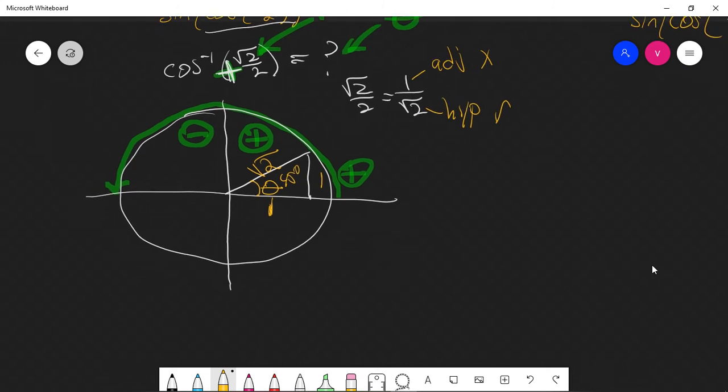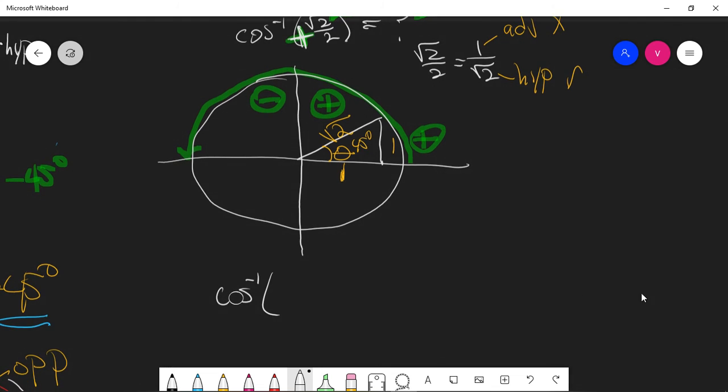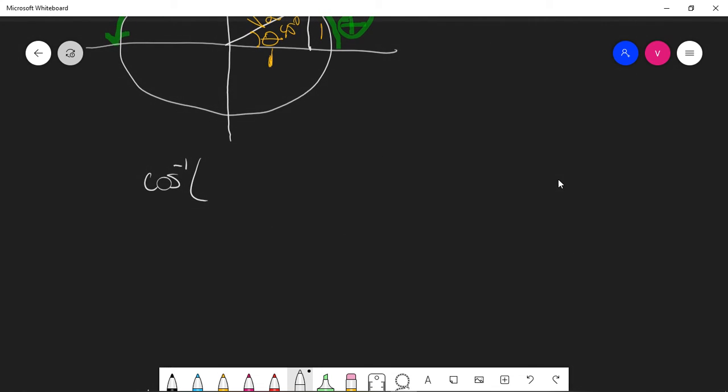So let's rewrite this now. Now we know that the cosine inverse, I hope I wrote inverse on there, yes, cosine inverse of positive 1 over root 2. Okay, in is ratio, out is angle. What is that angle? That angle right there is 45 degrees.